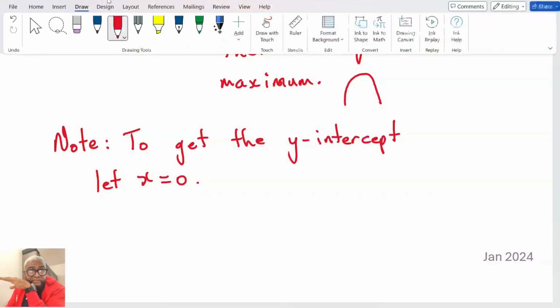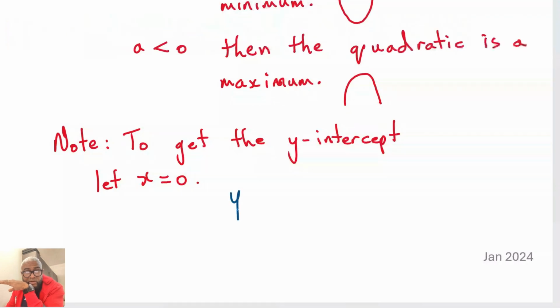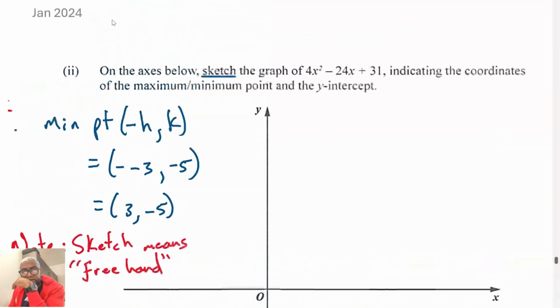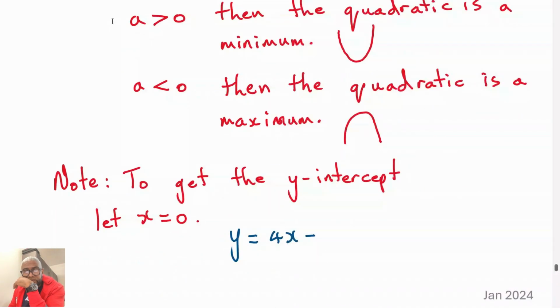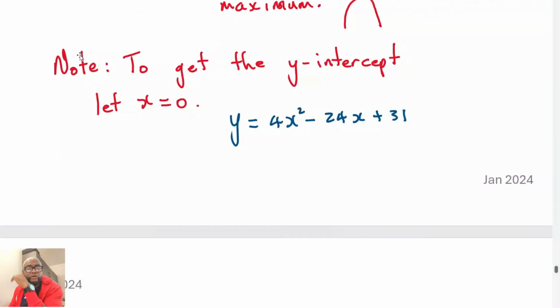So the original quadratic was y is equal to 4x squared minus 24x plus 31. We're going to equate x as 0 because your y-intercept is basically where the curve is cutting through the y-axis.